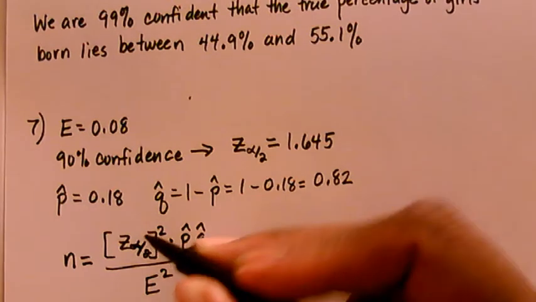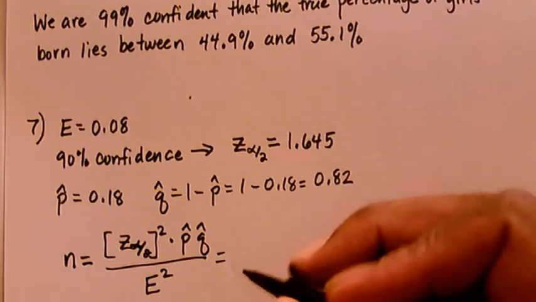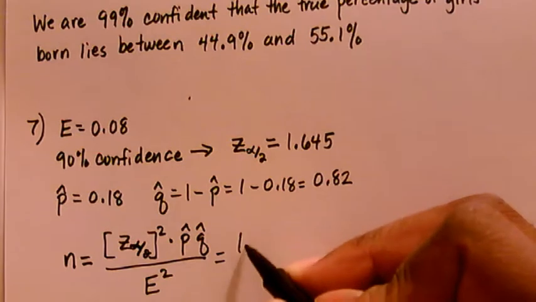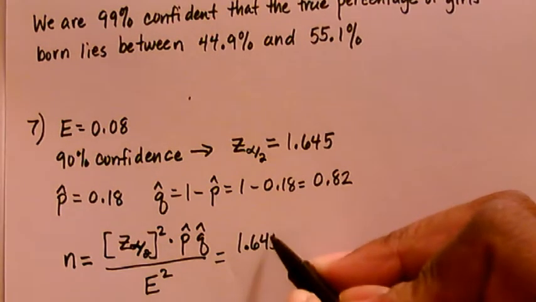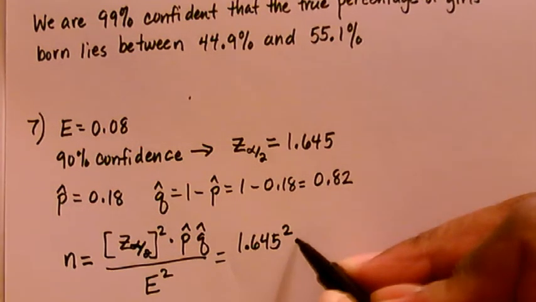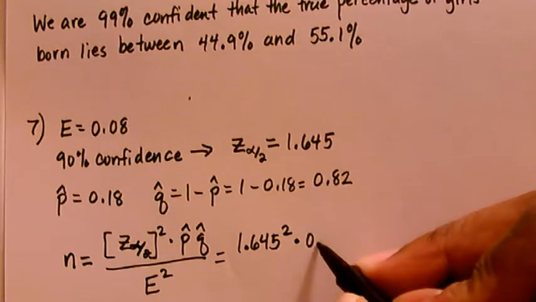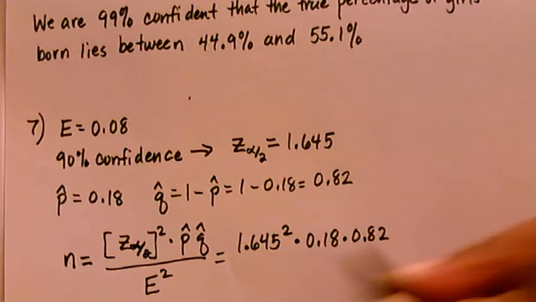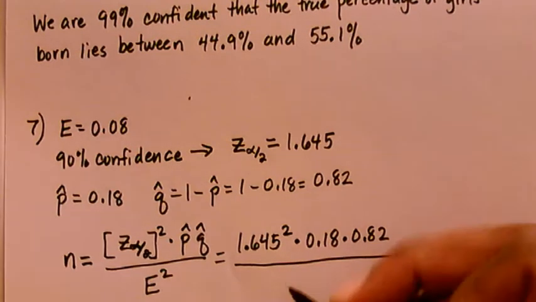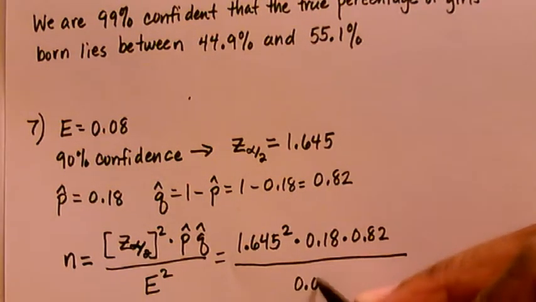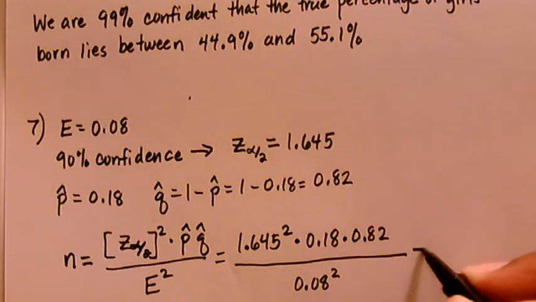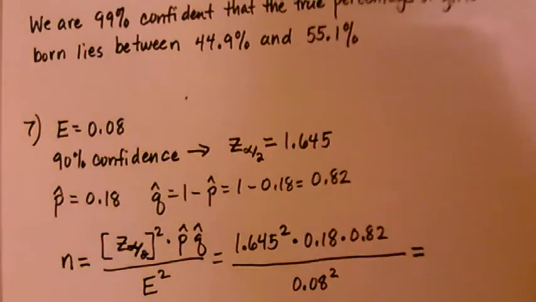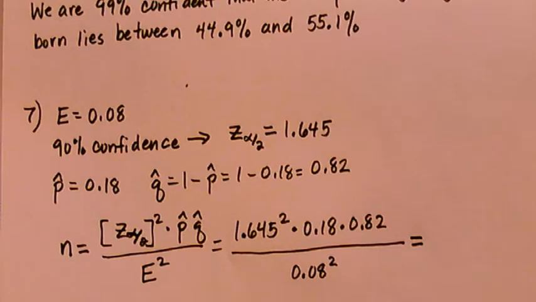Now your Z of alpha over 2, that was given to you as 1.645. And that has to be squared. Times P hat is 0.18. Times Q hat, that's 0.82. All that's divided by E, which is 0.08, and that's going to be squared. And all of this is going to be entered into the calculator.